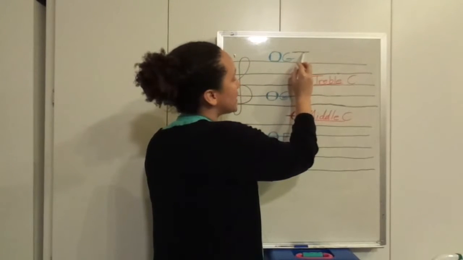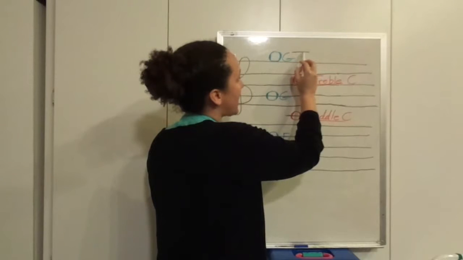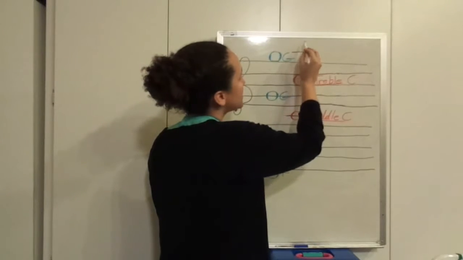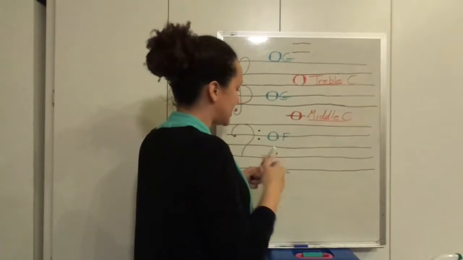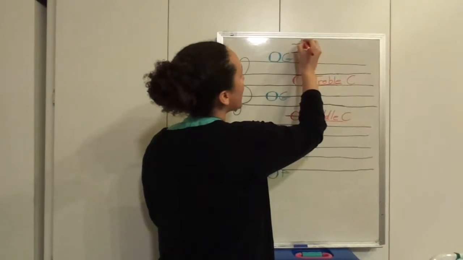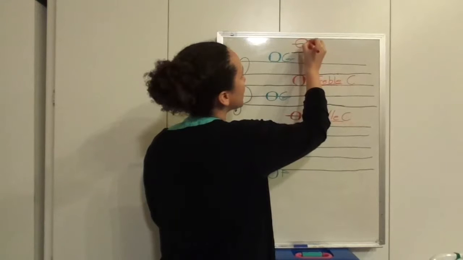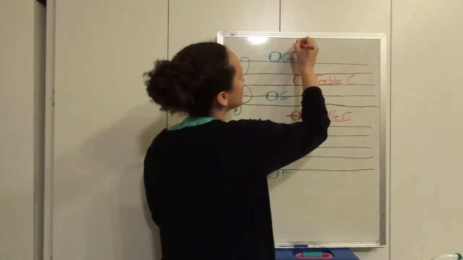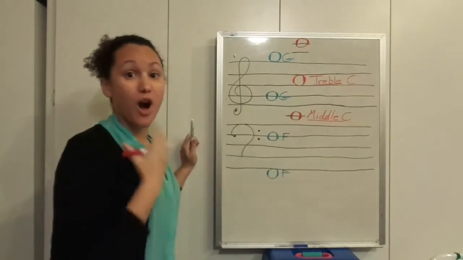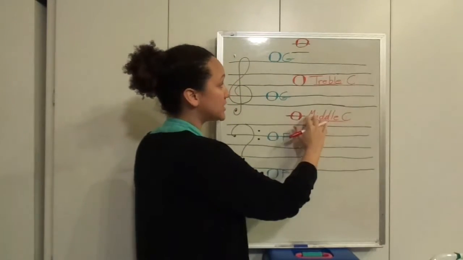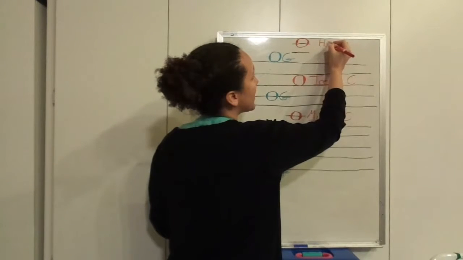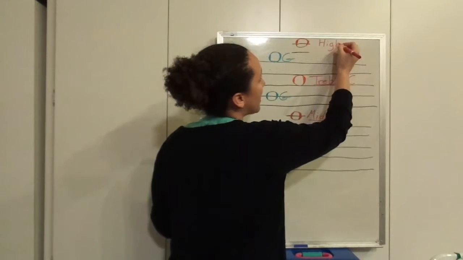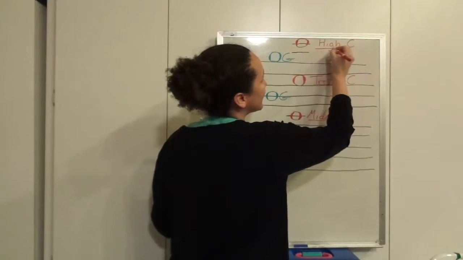So we have G, A on the line, B on the space, and I'm going to put one more little ledger line, and that will be our C. So I'm going to draw it way up here in the stratosphere. And now we have our high C. So we have middle C, treble C, and high C. So I'm going to put that as well. High C.